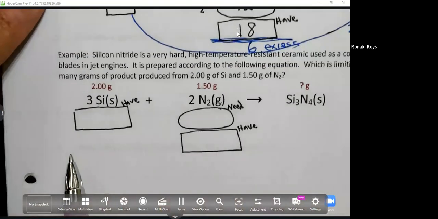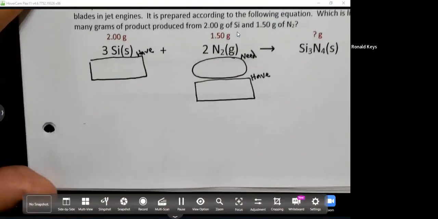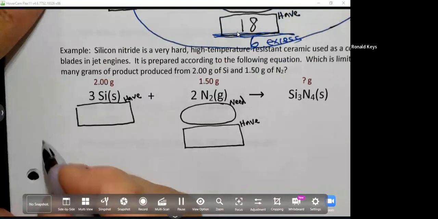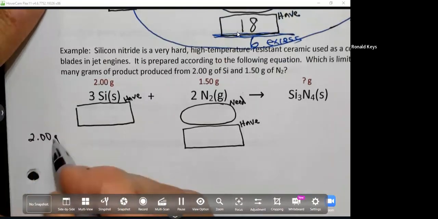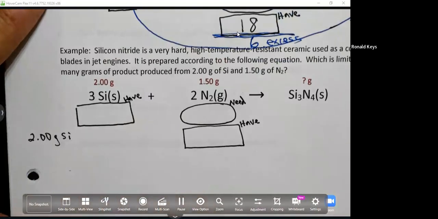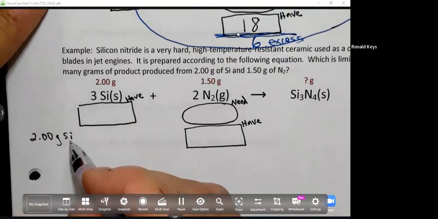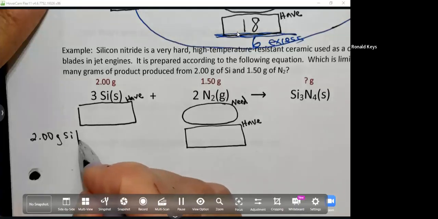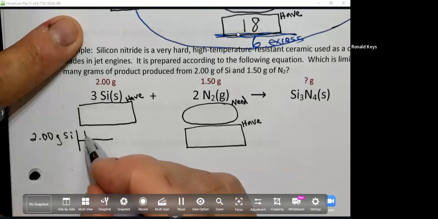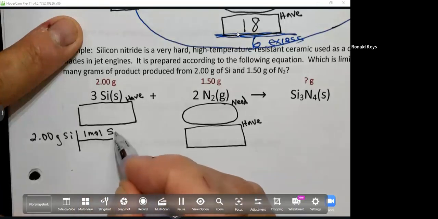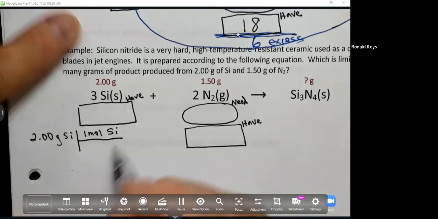So let's go right here. Let's get moles out of this. So we've got 2 grams of silicon. One mole, how many grams?